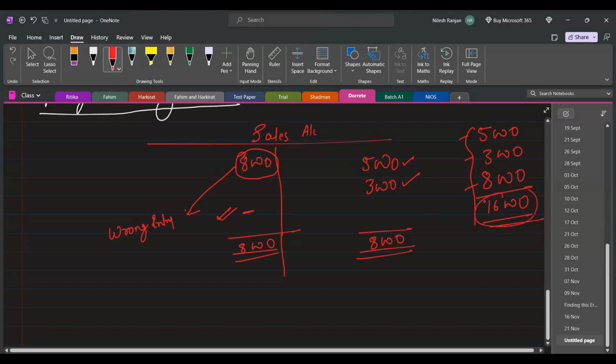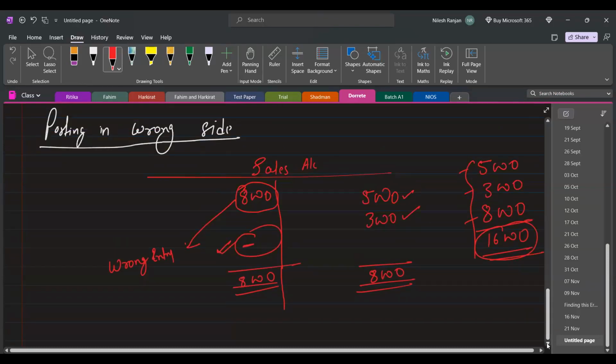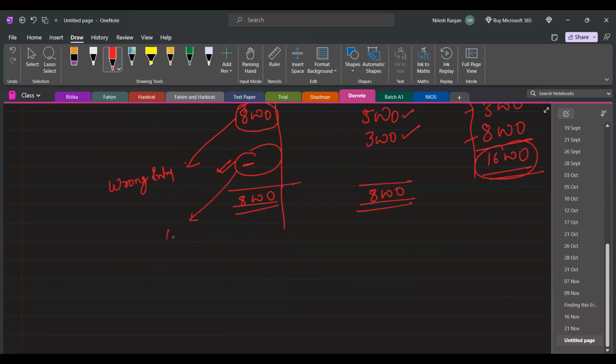So this should be our balance, but the balance is nil. So tell me, what should we do so that this nil balance, zero balance, should become 16,000?